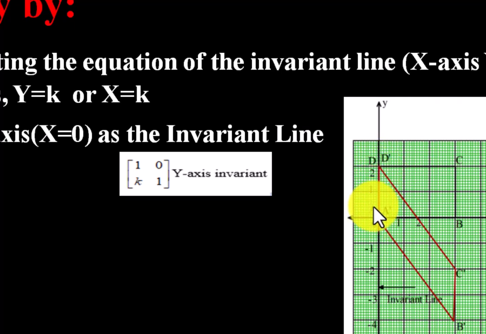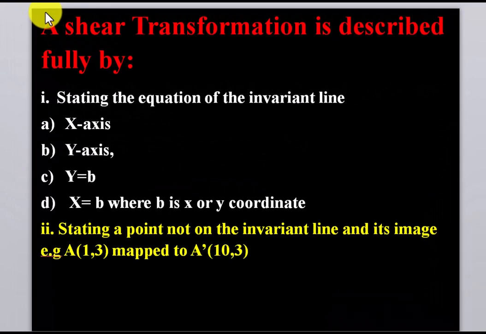These 2 points that are on the invariant line are unmoved, and the other points are moving in a direction that is parallel to the invariant line. So for you to fully describe this type of transformation, you give the y-axis as the invariant line, then you choose a point on the diagram here, maybe C to C prime or B to B prime. You state that point and you'll have fully described this type of transformation.